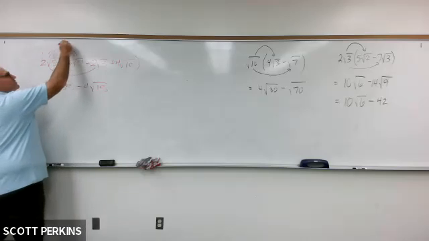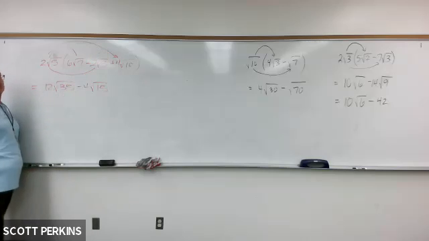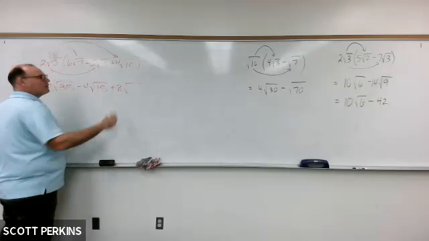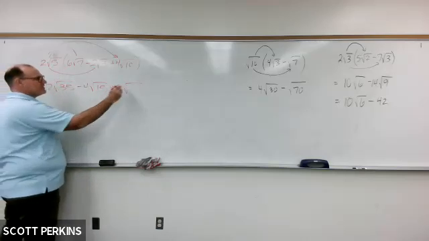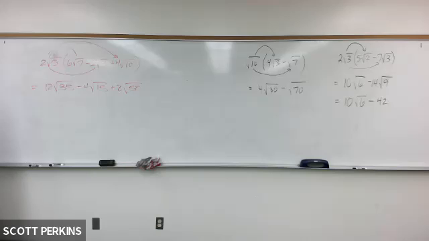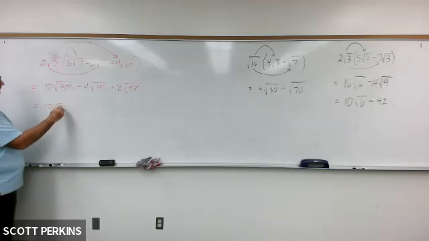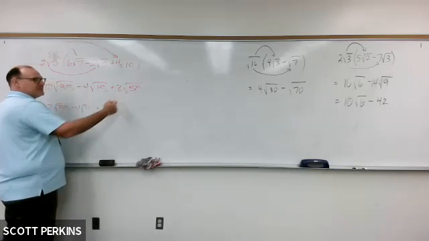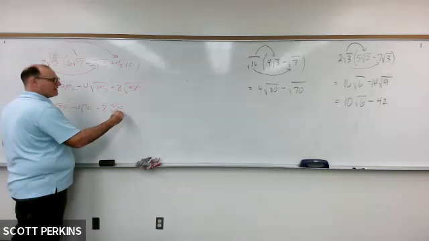The last one, 2 square root of 5 times 4 square root of 10. 2 times 4 is 8. What's under the radical on this one? 50. Now 50 is a number we should recognize because we've simplified this one a couple times already today. 50 has a perfect square factor of 25.